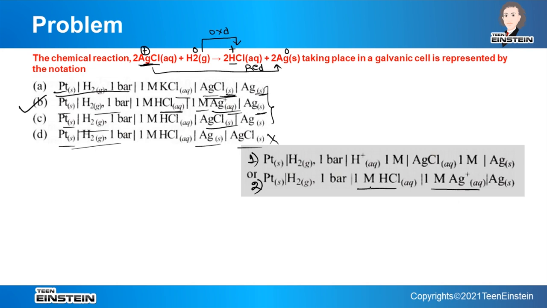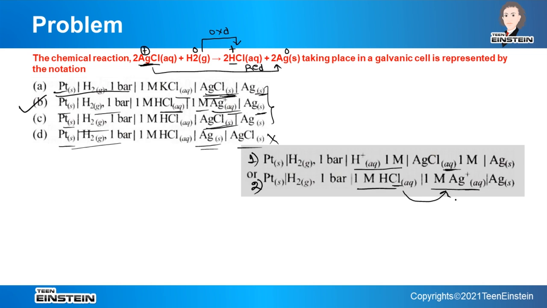But you can also write it as 1 molar H plus. So this Cl minus, you can also write it here, but in that case you have to write AgCl in bracket aqueous, because AgCl in bracket solid is mentioned in all these, which is not correct. But if you are writing AgCl aqueous, that means it is the AgCl which is in soluble state, that is dissociated state.